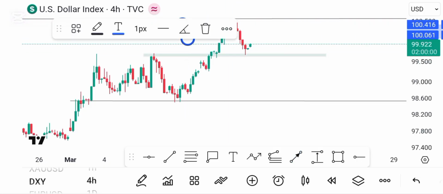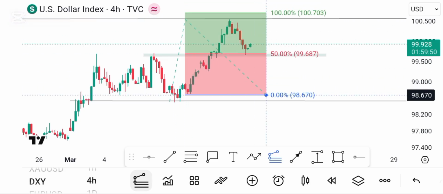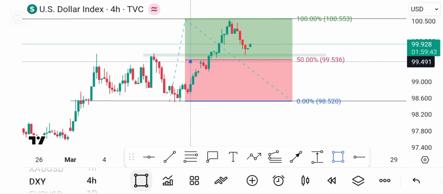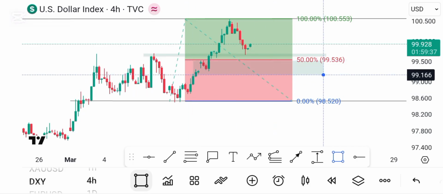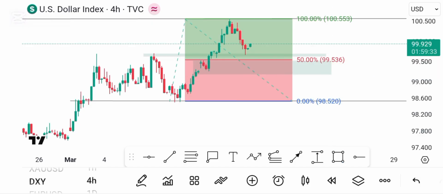Now what we usually do is to spot out our premium and discount level. So I will identify my premium and discount level, and this is it. This is my premium and this is my discount level, and this is the area where I am expecting price to come into and then confirm my entry bias.